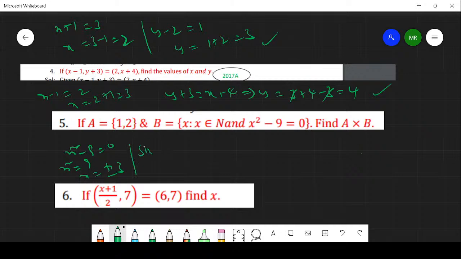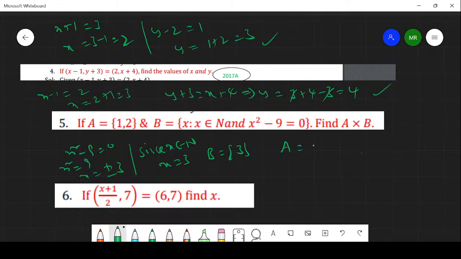Since x belongs to N, I can consider x is equal to 3 only. Therefore, the set B is equal to the singleton {3}.